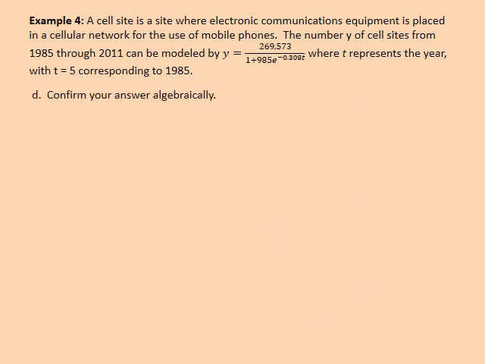The last thing we're asked to do is to confirm our answer algebraically from what we just calculated graphically. So we're going to solve the equation 250,000 equals 269,573 divided by 1 plus 985e to the negative 308 thousandths times t.